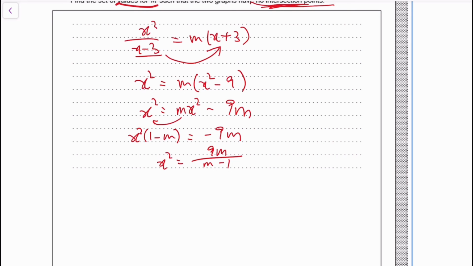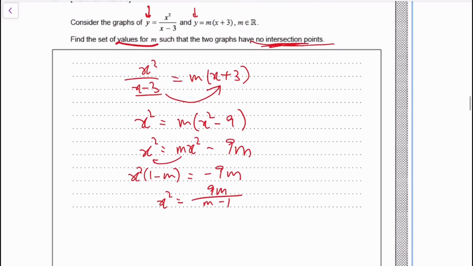Okay. Yeah, I hope you can follow. I absorbed the negative 1 into the 1 minus m, so it becomes m minus 1. Wow, we don't even need the discriminant because it's just x squared.